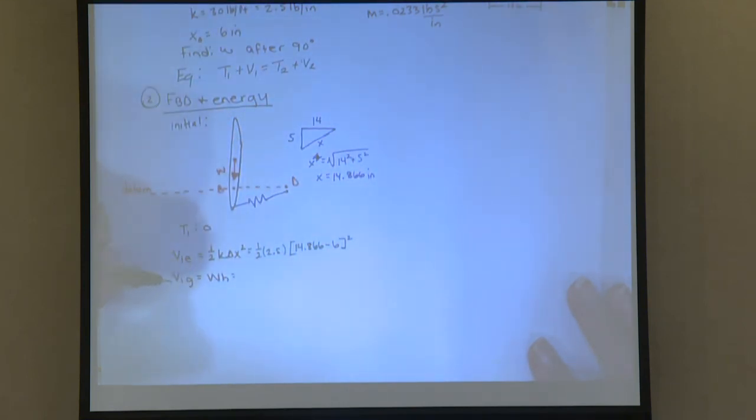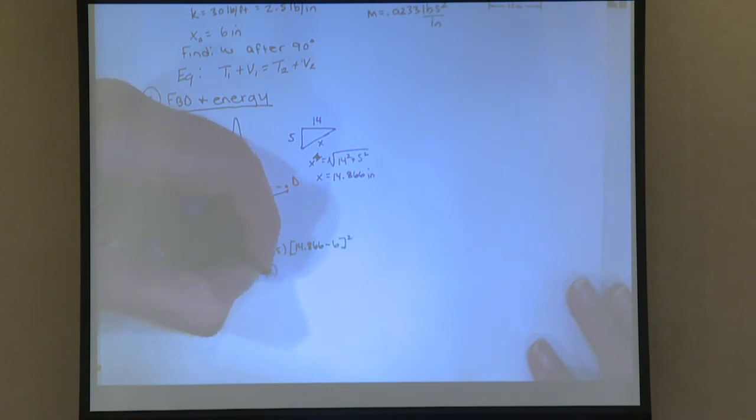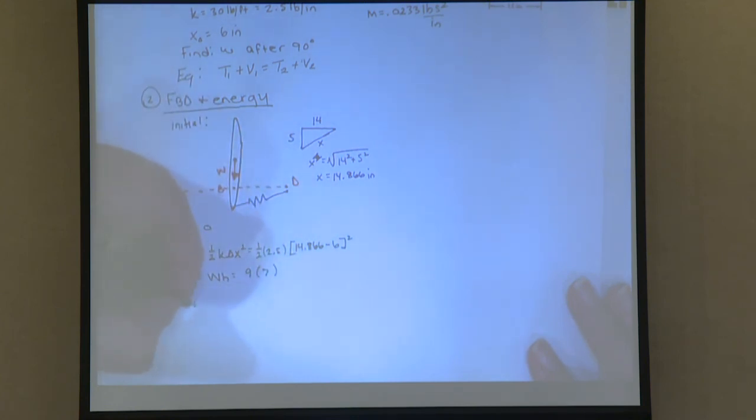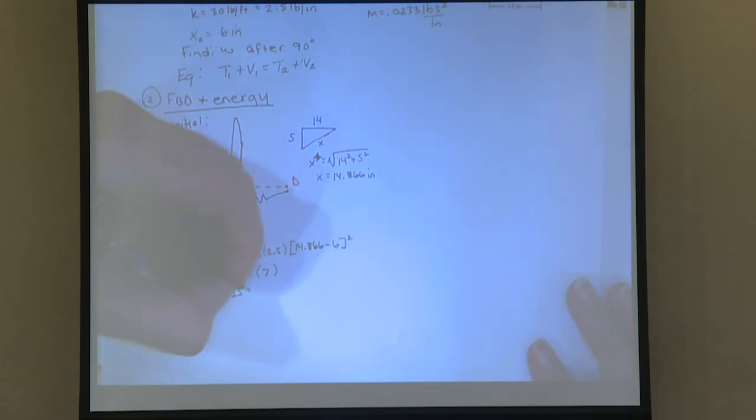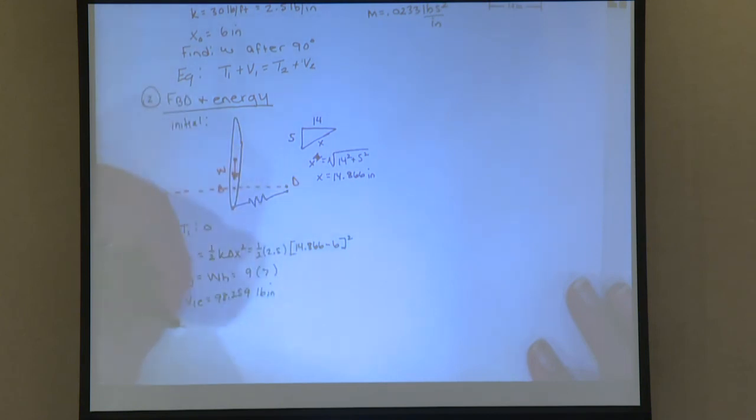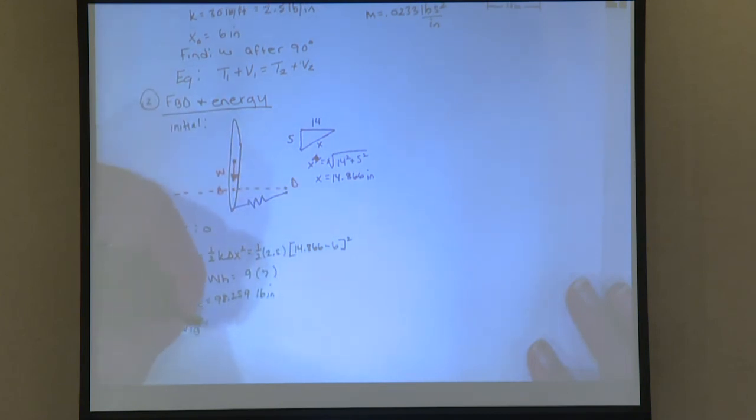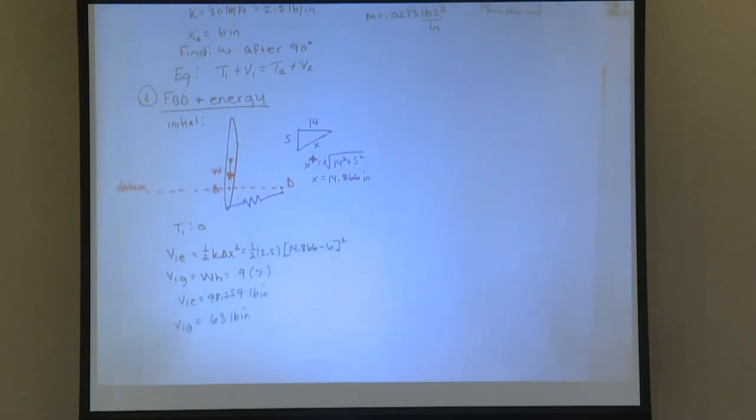And then for gravity, it'll be 9 times 7. So we should get V1E is 98.259 pounds per inch, and V1G is going to equal 63 pounds times inch. So that's for our initial.